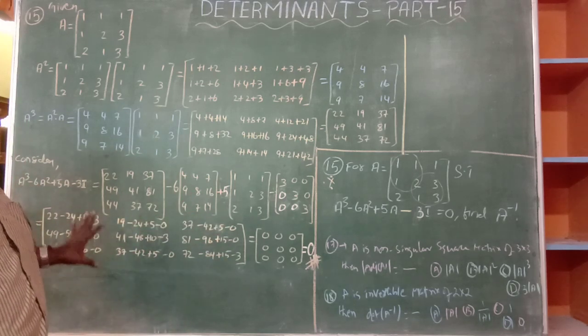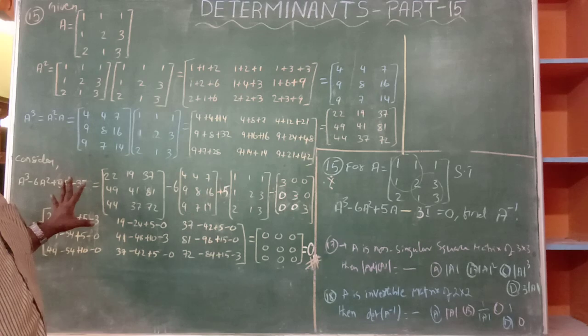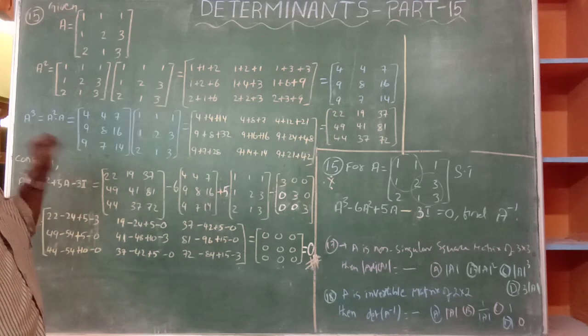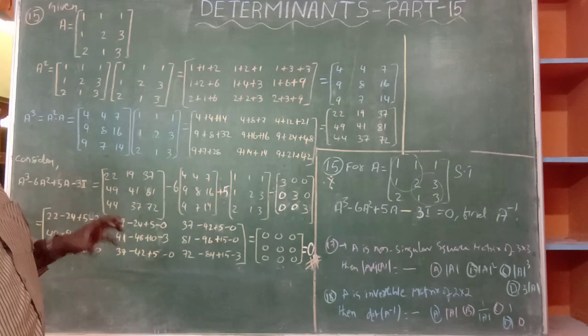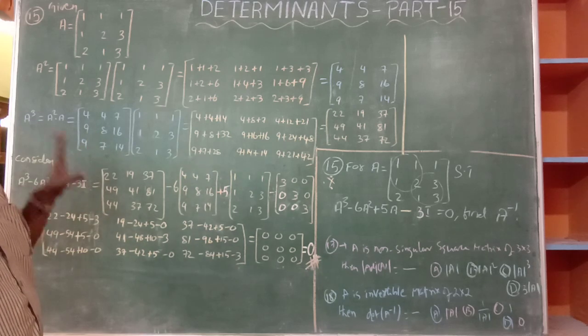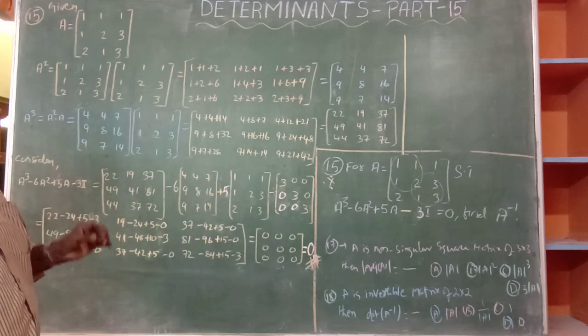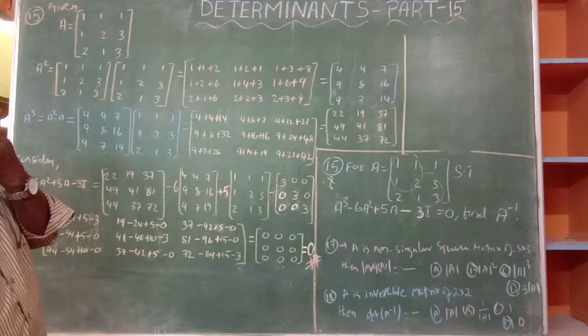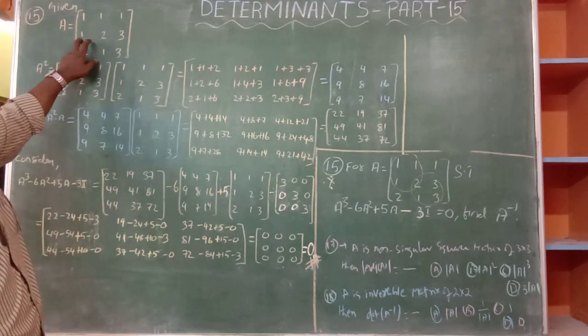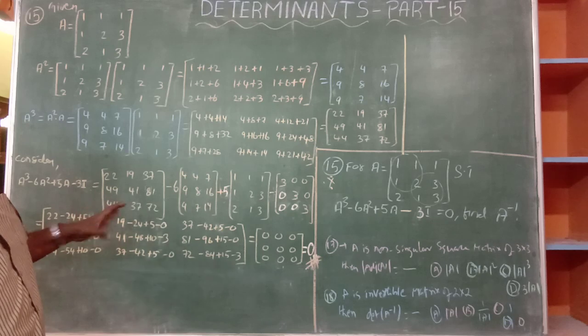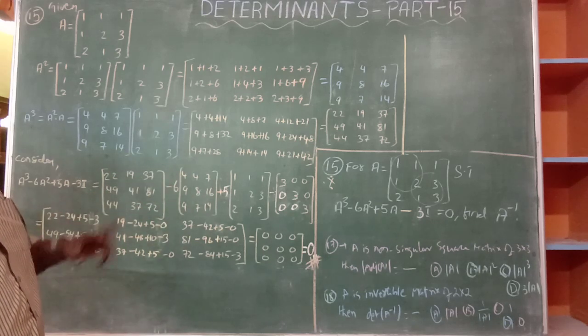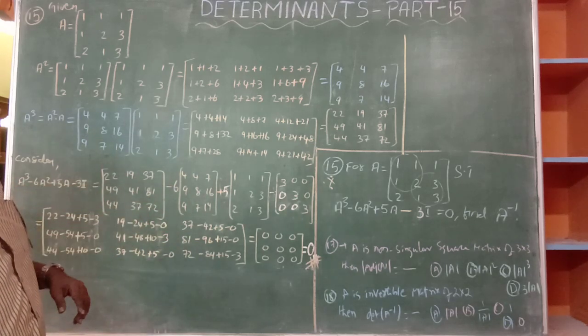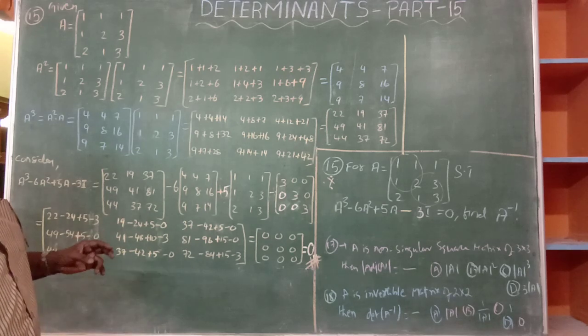Like this we have to solve. It is an important problem, but the arithmetic is very confusing. Be careful, because problems like these are asked in the exams. And A inverse: for this problem, finding it by that earlier concept is not possible. The previous problem we solved that way, but this one is not possible.